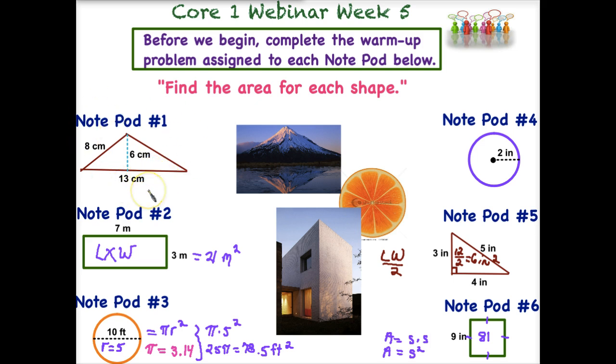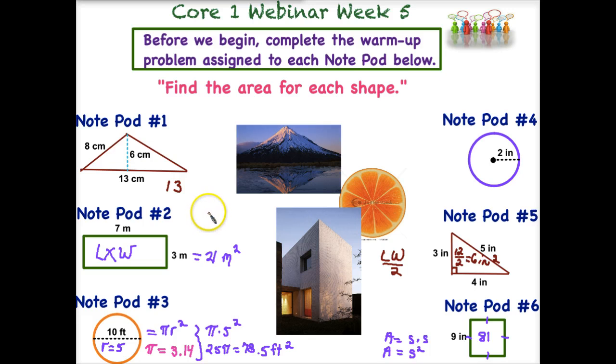Now let me just ask you guys this before we move on, real quick. If I use 13 for my base, and you guys can type it, which number would I use for my height then, the 8 or the 6? Which one would I use? Very good. The 6. Does anyone have any thoughts or questions or confusions before we get to our lesson?